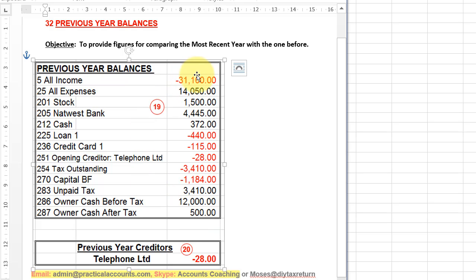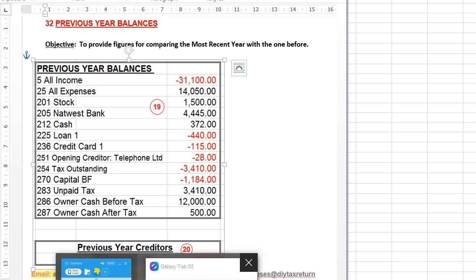I beg your pardon. So you've got to add these and then these last four to get the capital brought forward of 2324. And as you can see below here, this one has got to be recorded separately. That was the closing balance for creditors.